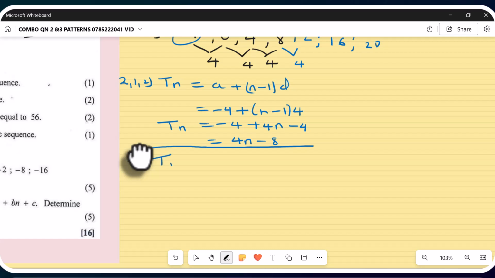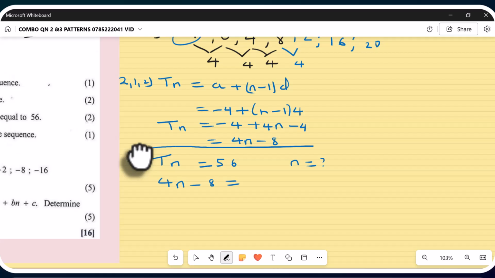The moment they say it's quadratic, what do we have here?